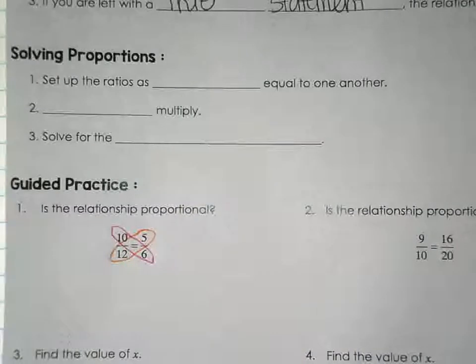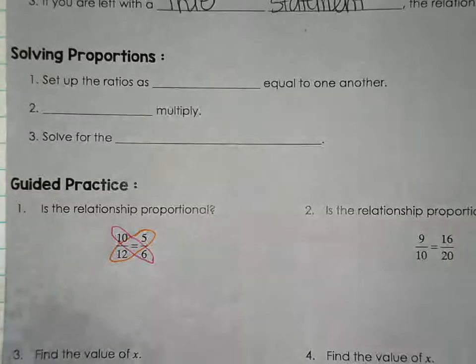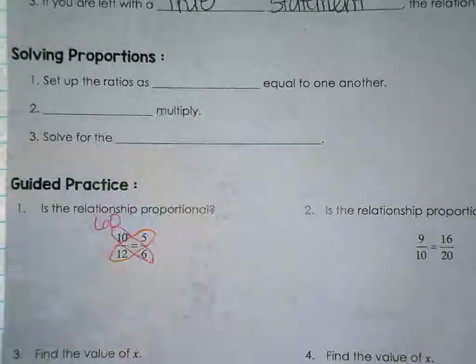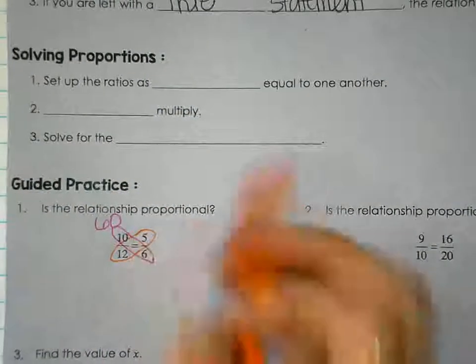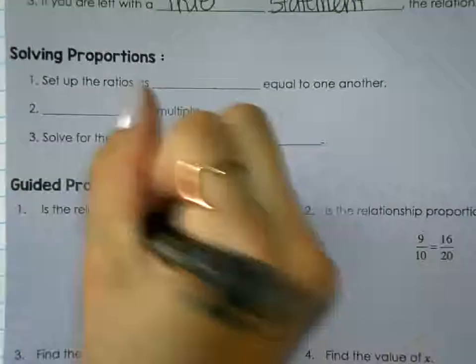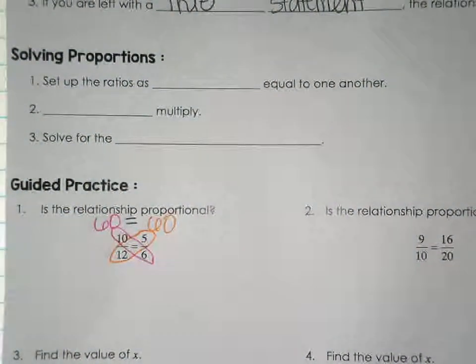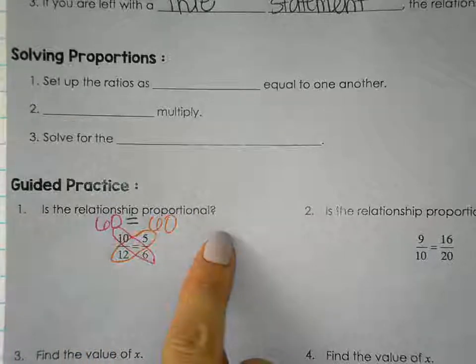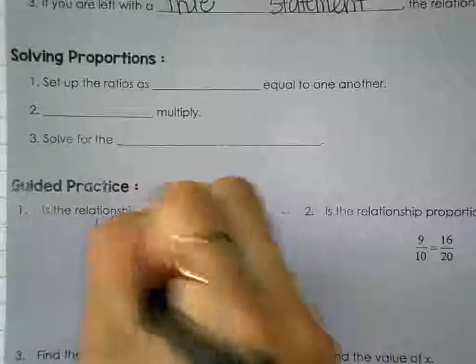I take my numbers that are opposite diagonally, and I multiply them together. So in this case, I have 6 times 10 is 60, and I have 12 times 5 is 60. So is 60 equal to 60? Yes, it is. Therefore, when they ask, is this relationship proportional, your answer is yes.